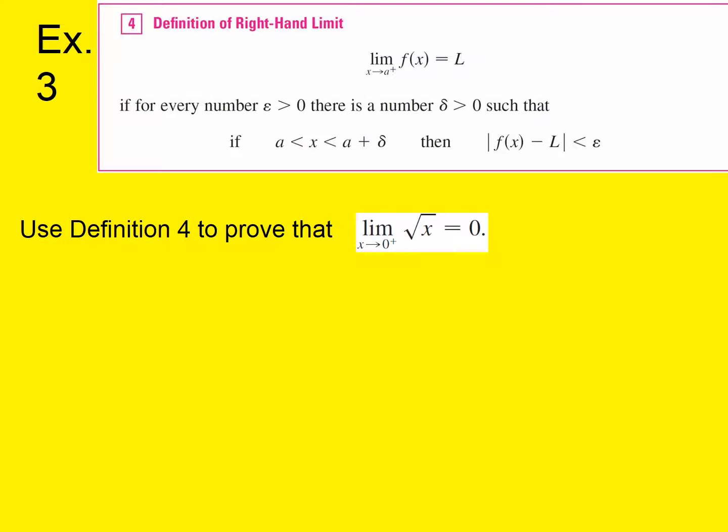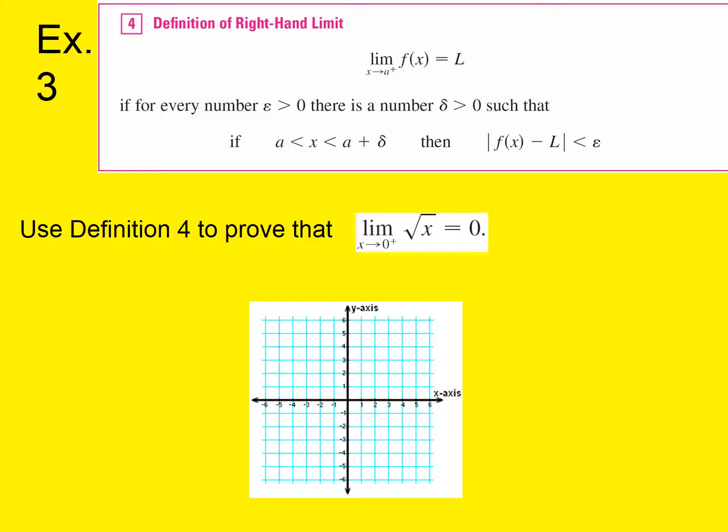Okay, so we're going to use definition 4, the definition of a right-hand limit, to show that the limit as x approaches 0 from the right of square root of x equals 0. So we can imagine the picture here. Here's a square rooting function. And as we approach 0 from the right, the function is converging on 0.